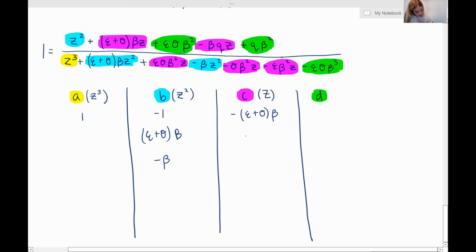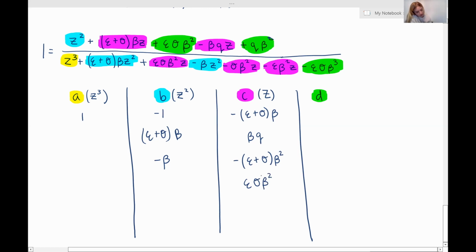We'll have our beta times q. I think that should not be squared. And then we'll have our negative, I'm just going to make this as 1. Beta squared. And then we'll have epsilon sigma beta squared.